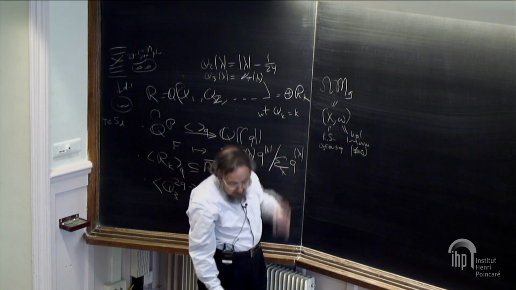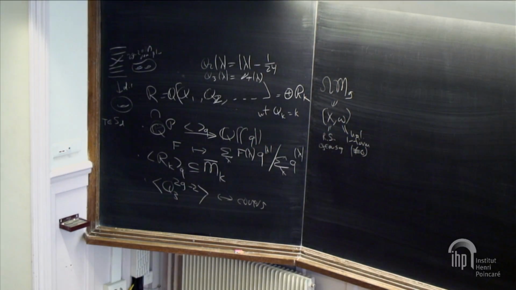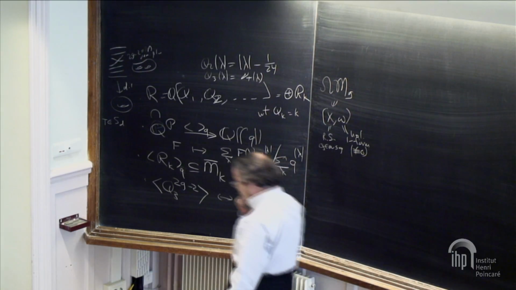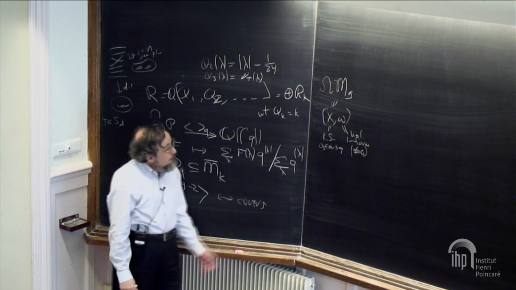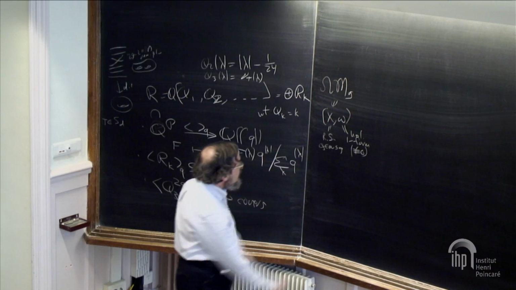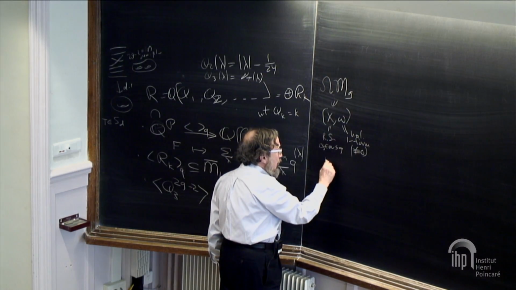So this space Omega M_g is a fiber bundle over M_g, the usual moduli space. The fiber over a point is just C^g minus 0, because it's a g-dimensional space of one-forms. And it has a stratification according to how many zeros omega has.